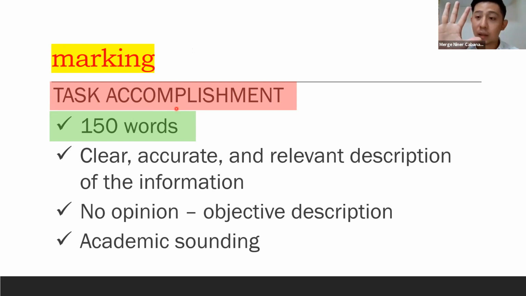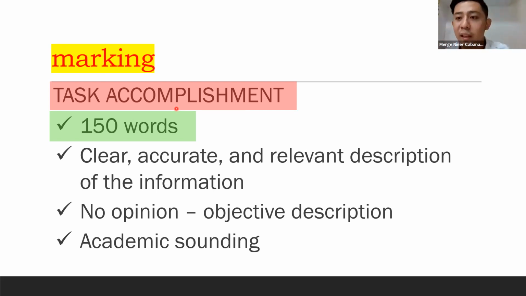That's gonna hurt because if your TA score is 5, even if you get 8 for coherence, even if you get 8 for grammar, even if you get 8 for vocabulary, you add them together, you divide it by 4. Well, sir, that is still 7. So 8 plus 5, that's a total of 29.